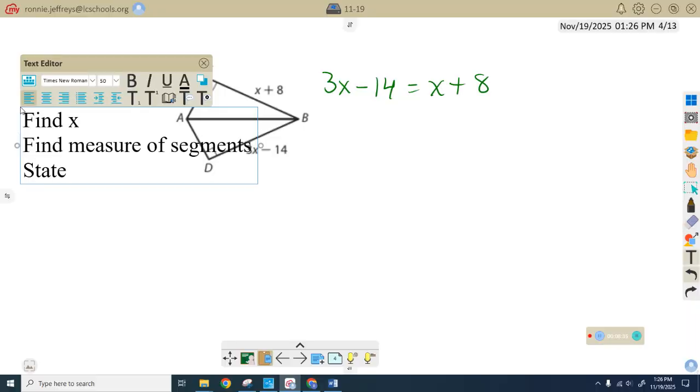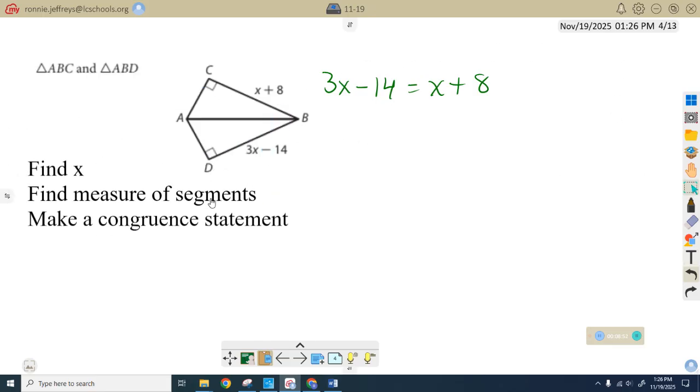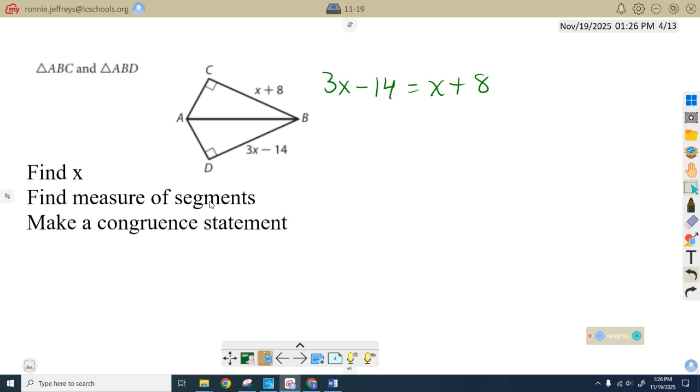Then write a triangle congruence statement. All right. So that's what I want you to do. Now, you'll have to do things like this on your practice work tomorrow.